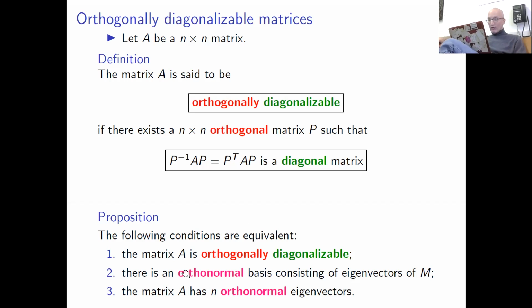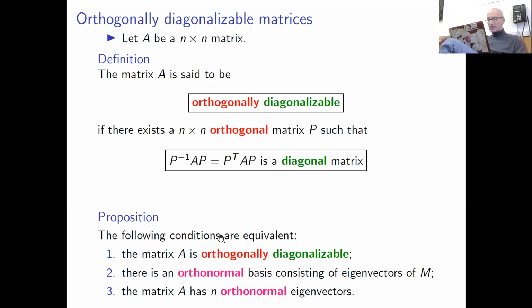So, for example, if you remove orthonormal in condition 3 and replace it by linearly independent, you just get the diagonalization condition. But being orthonormal is stronger than being linearly independent. N vectors are linearly independent if they are orthonormal, but not the other way around. So again, this proposition immediately follows from the criterion we proved earlier.